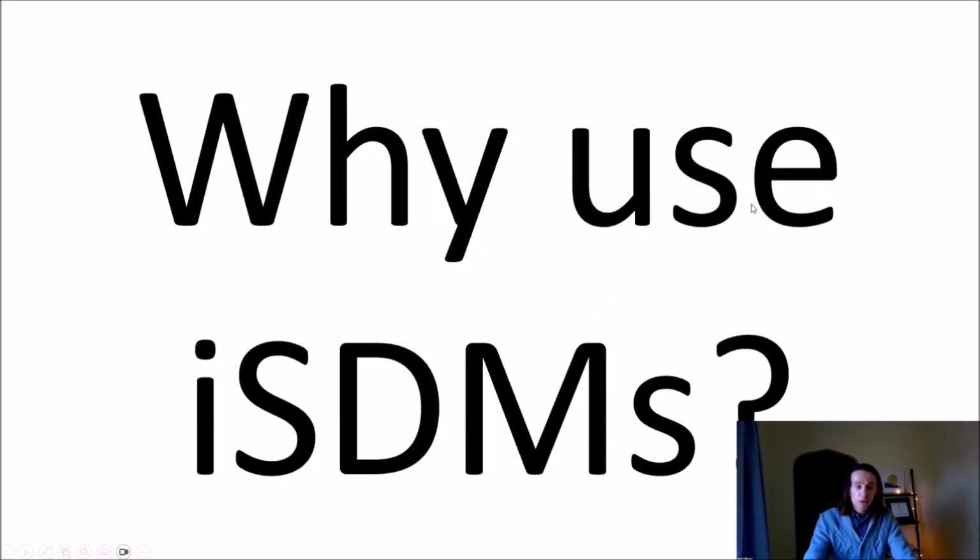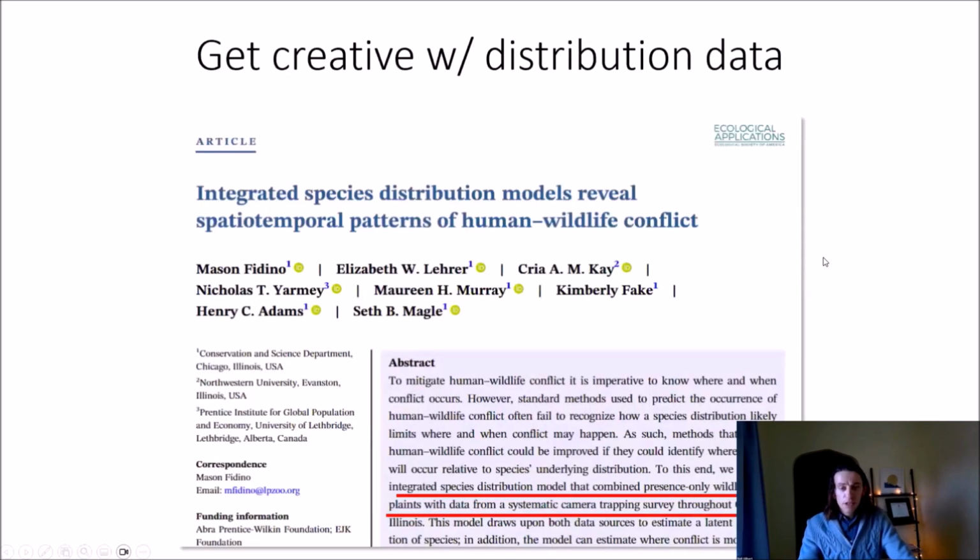So with that simple example, I'll transition to a few points on why you might want to use iSDMs. The first example I'll give is that I think these iSDMs give you a lot of latitude to be creative with what constitutes species distribution data. This is an example from a recent paper that I really liked, where the authors combined presence absence data from camera trapping, which is commonly used in species distribution models, with presence only wildlife complaint data.